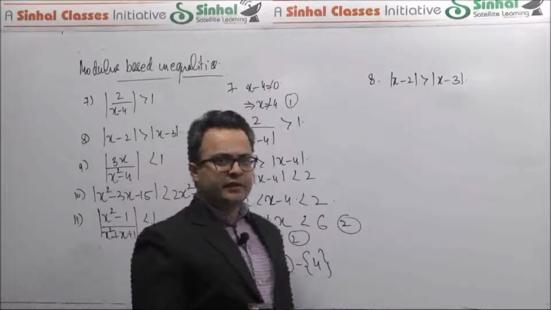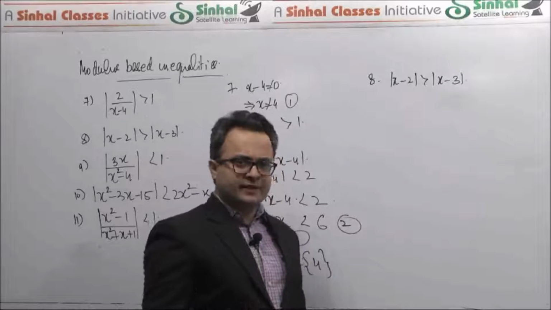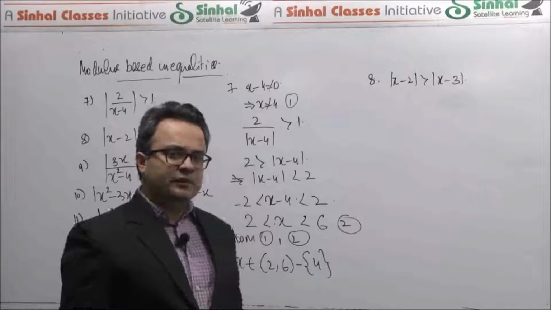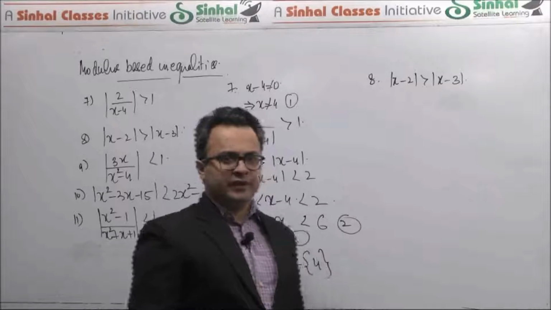You have an inequality in which there's a mod on both sides. So both sides by definition are positive, greater than or equal to 0. So I can square both sides and the solution set will not change. Right?